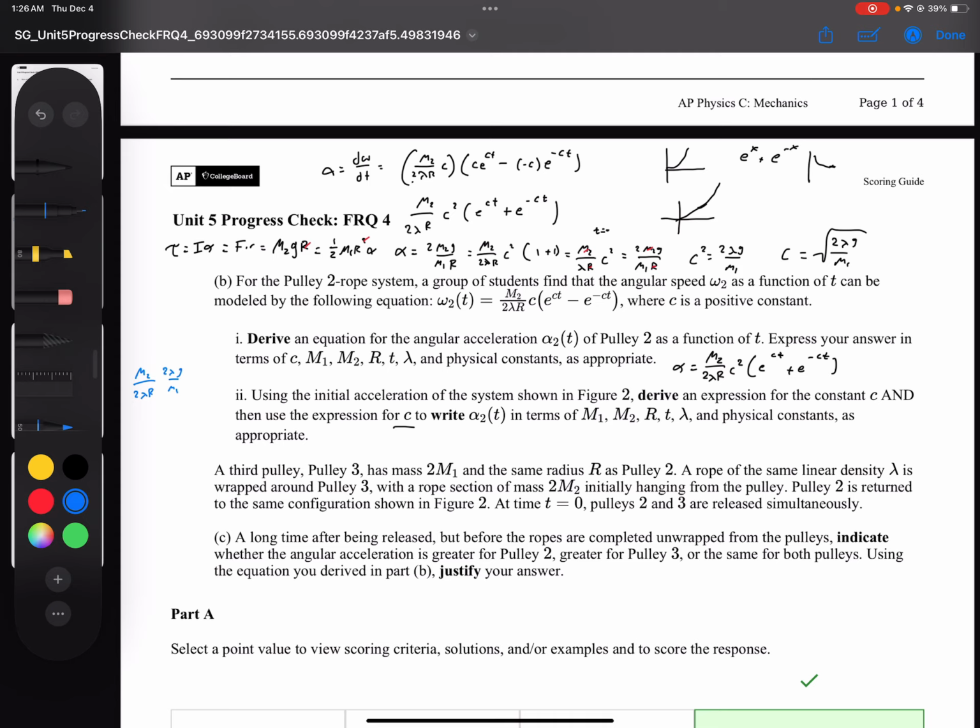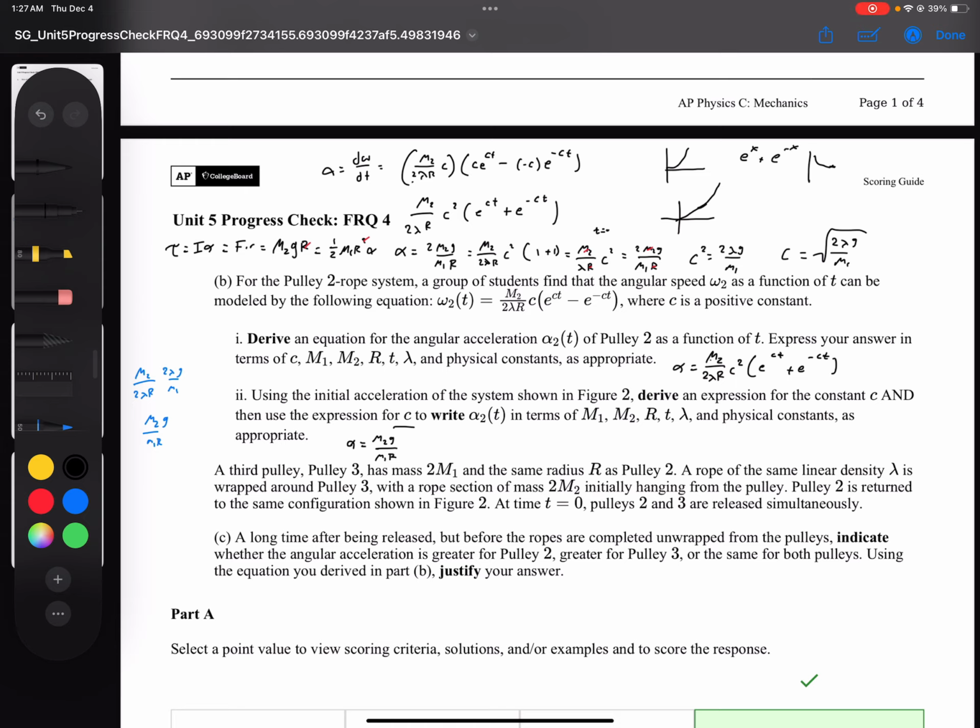So I have m2g over m1r, and I'm going to write that out here. So now alpha is equal to m2g over m1r.